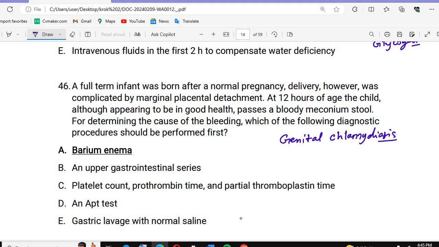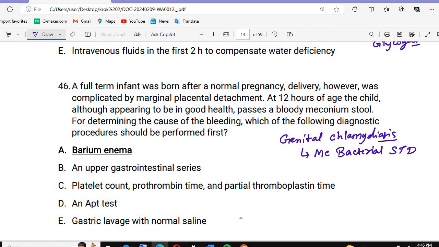In genital chlamydiasis, it is the most common bacterial sexually transmitted disease. So remember, when we treat any female patient having chlamydia, we also treat the male partner.